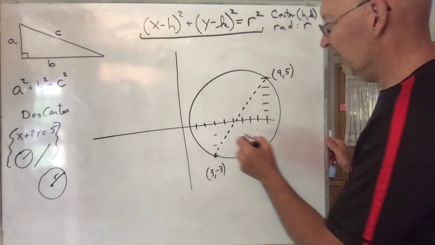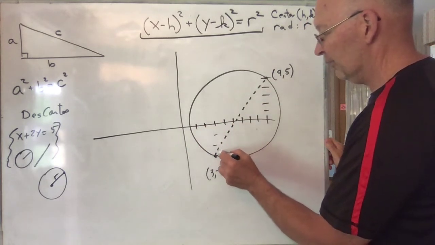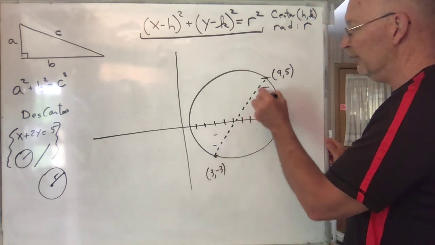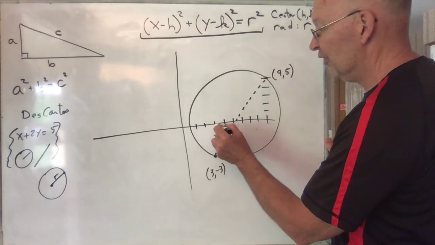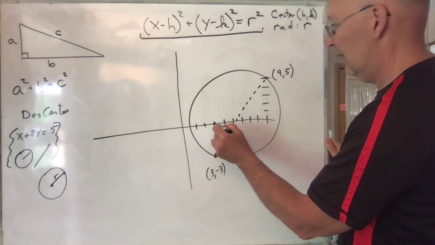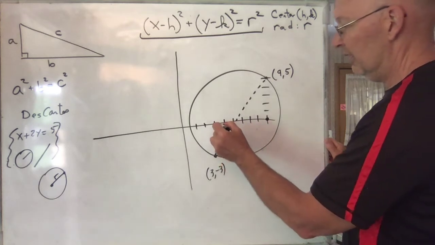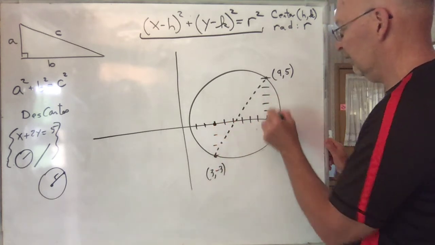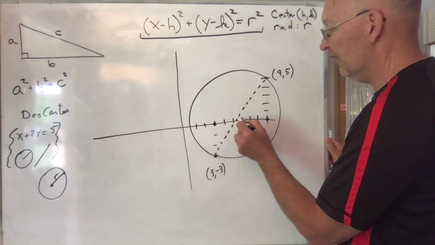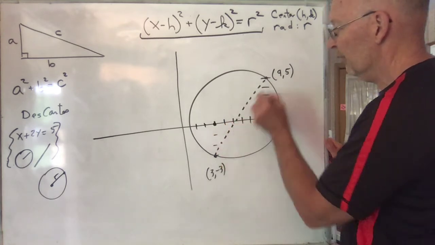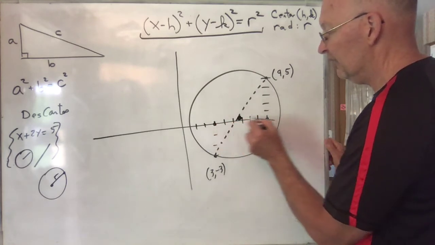Well, the center has got to be basically halfway between these 2 points. If you move along this line, your x value started at 3 and ended up at 9. So the center of this line must be exactly halfway between these 2 points.